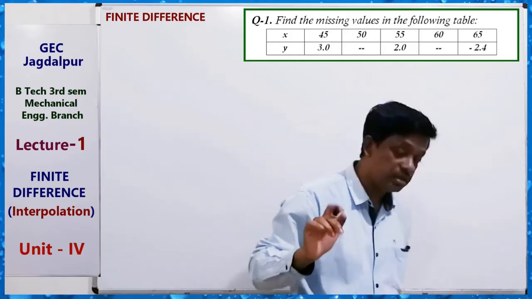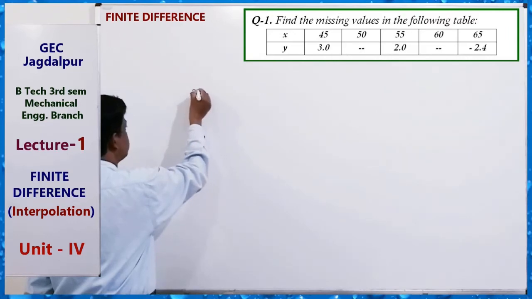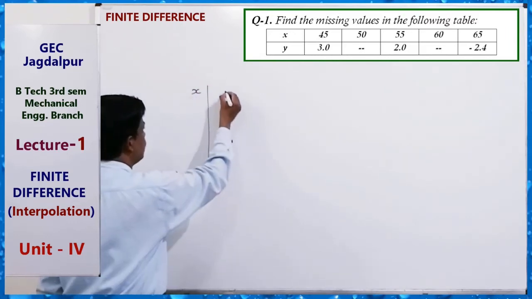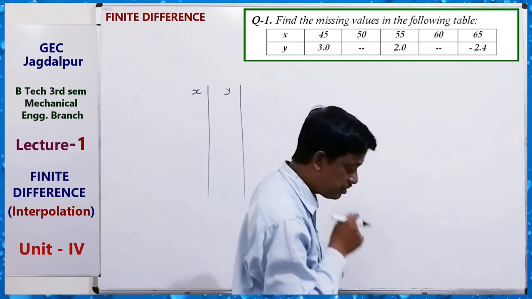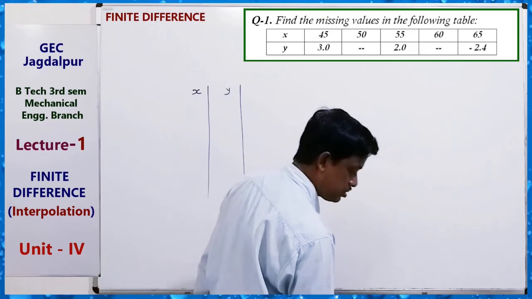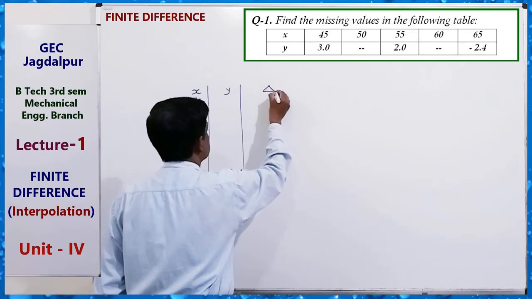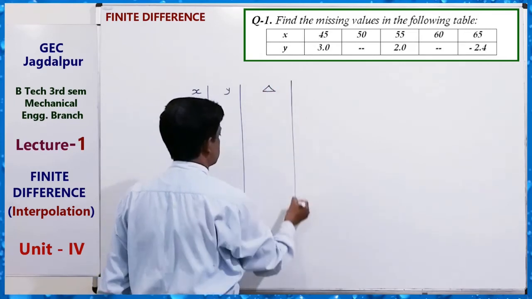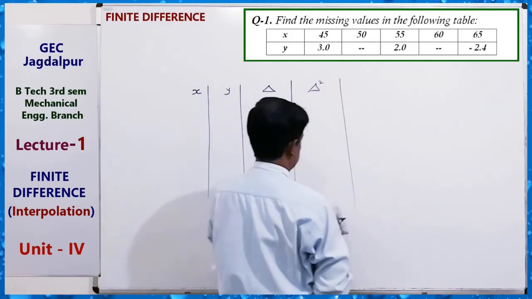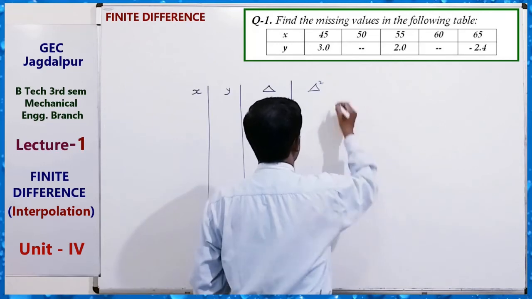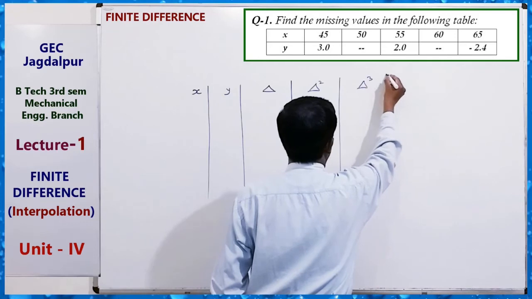How many missing values are there? 2. Okay. So here write the value of x, value of y. Clear? So here how many arguments are there? 5. So take the first difference, second difference, and third difference.